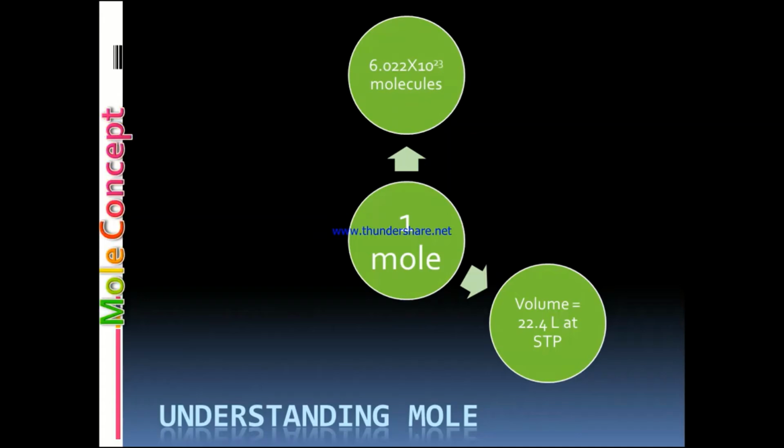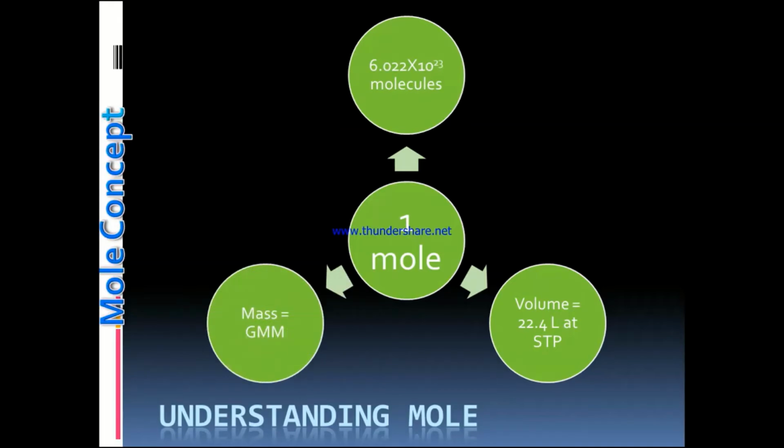Remember one thing, volume is only for gases, not for solids and liquids. And thirdly, the amount of substance whose mass is equal to its gram molecular mass is known as 1 mole. Is that clear up to this?